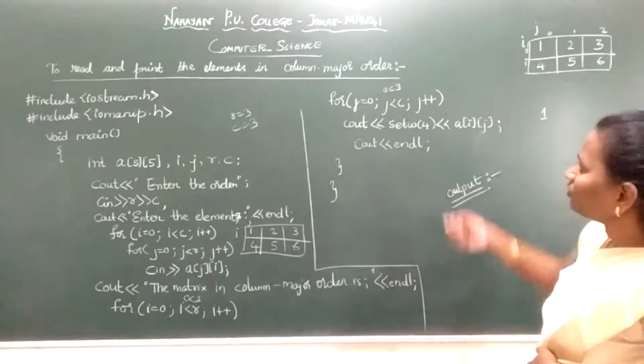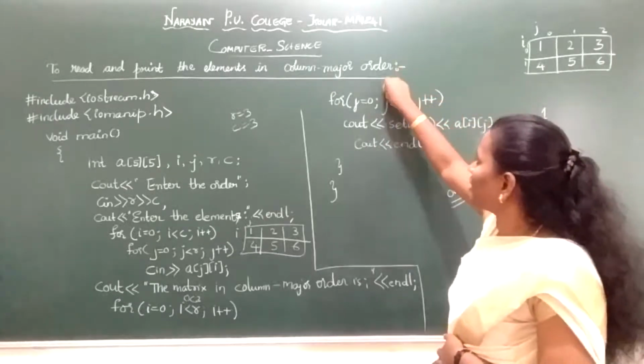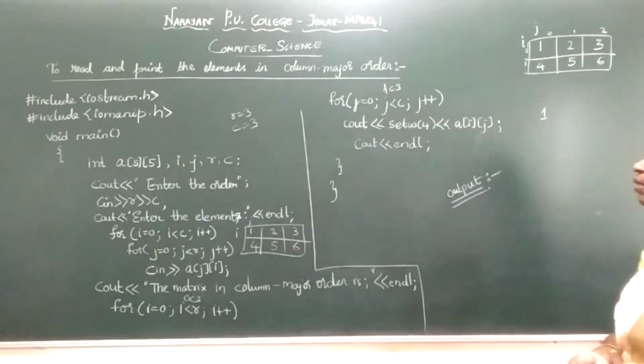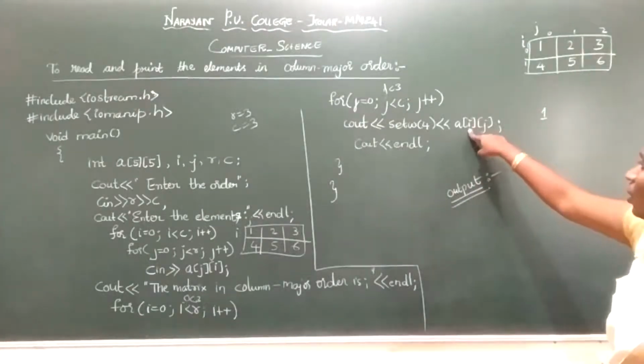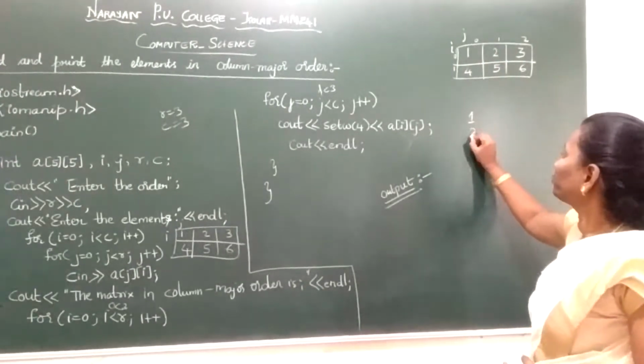Next, j value gets incremented to 1. 1 is less than 3, yes, the condition is satisfied. What is a of 0, 1? At 0 and 1 I have 2.